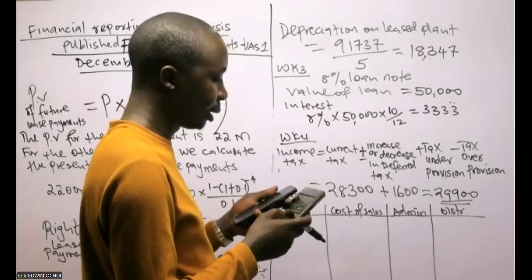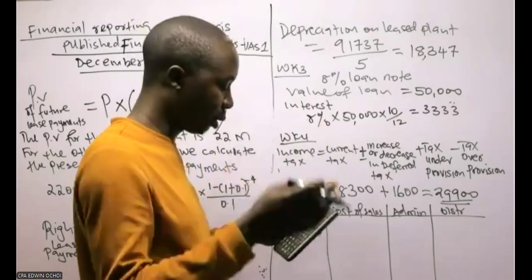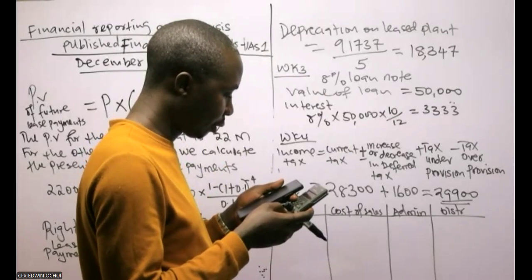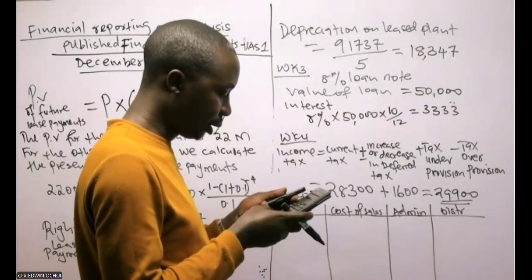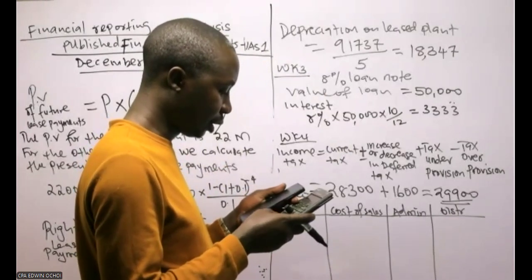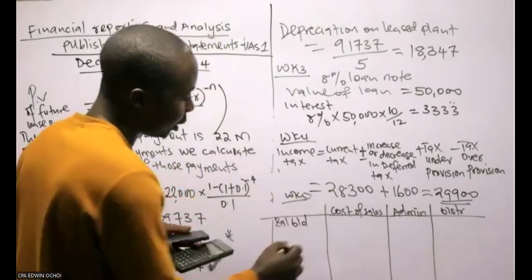Purchases are 78,200. Minus closing stock, 43,200 from note 1. So cost of sales is 72,800.